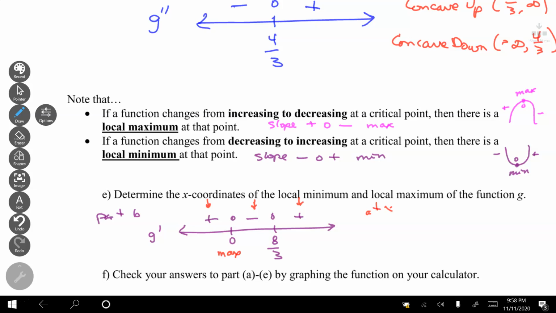So at x equals 0, it is a max, since g prime goes positive, 0, negative. And 8/3 is a min, since g prime goes negative, 0, positive.